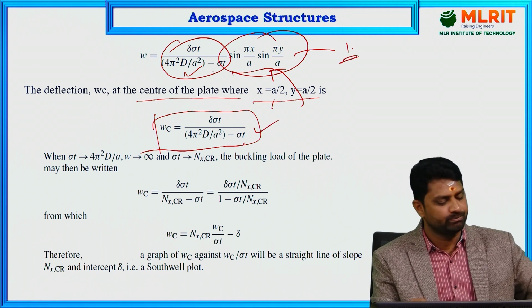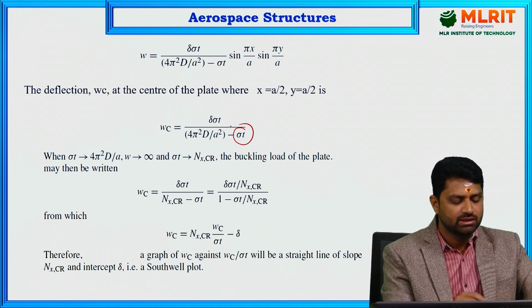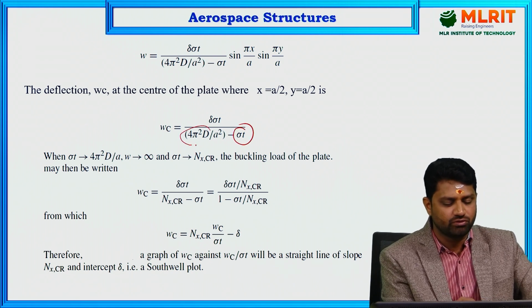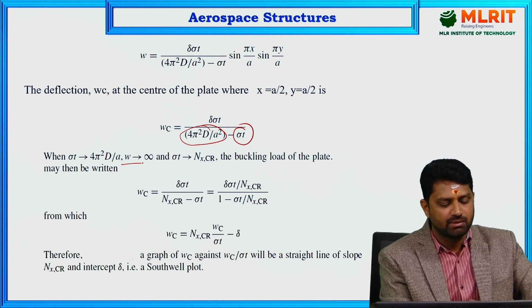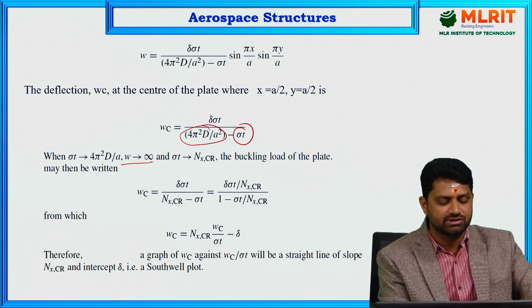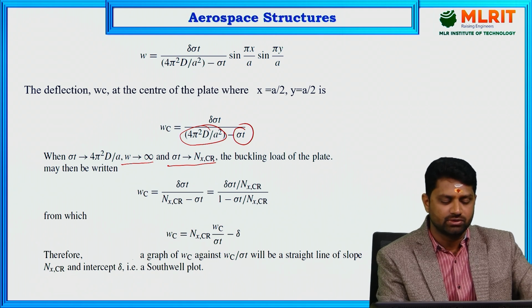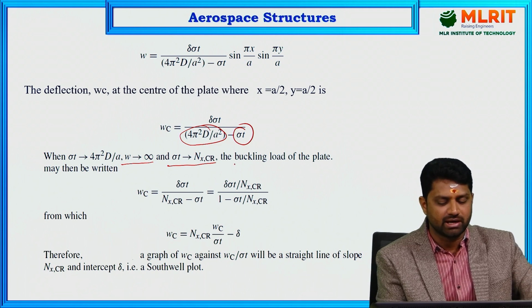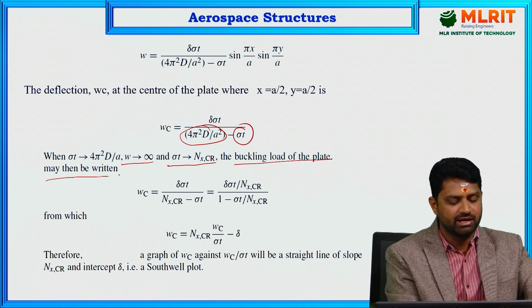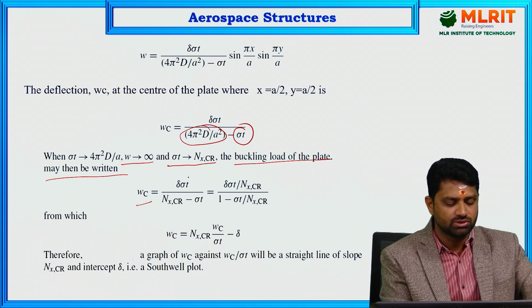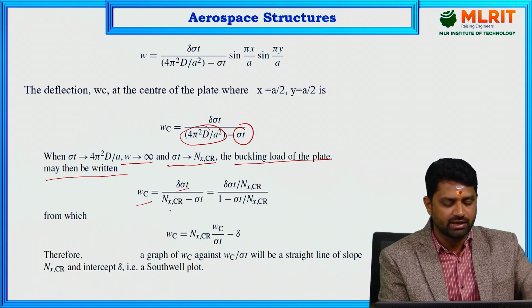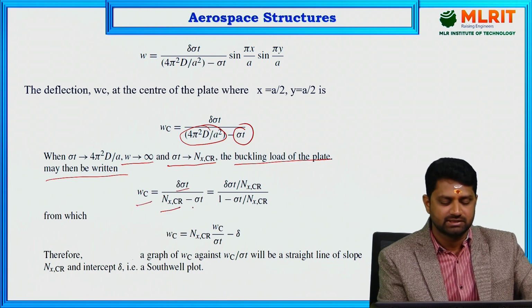Also, here sigma t tends to this value, 4 pi square D by A square, when W tends to infinity, that is deflection tends to infinity, and sigma t tends to the critical value, that is Nx critical, the buckling load of the plate. It may be written as WC equals delta into sigma t divided by Nx critical minus sigma t.